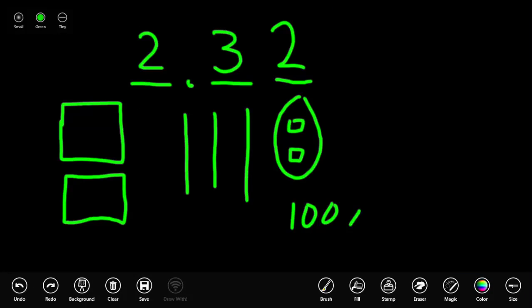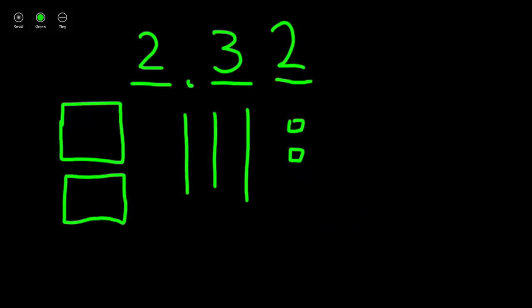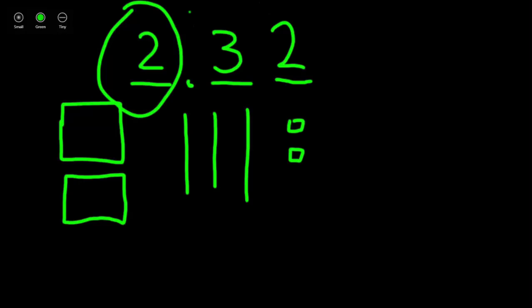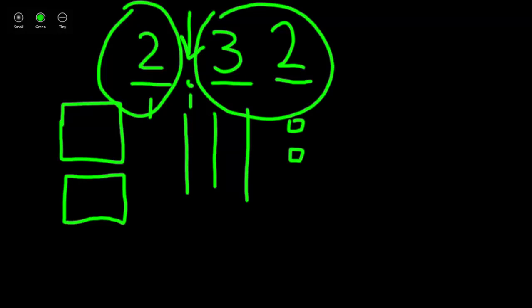Let's take a second to think about how we read these numbers. Reading a decimal is very, very simple. When we come to our 2, we'll read our 2 simply as 2. When we come to our decimal place, we read that decimal simply as and. 2 and. Now we focus just on the numbers after the decimal, or to the right of the decimal.